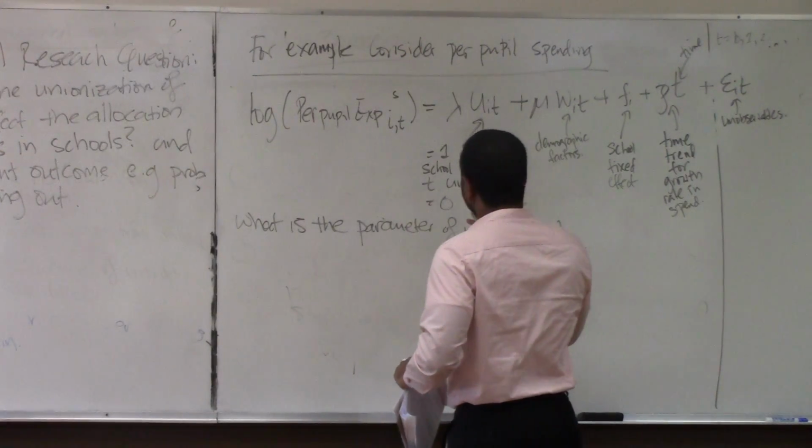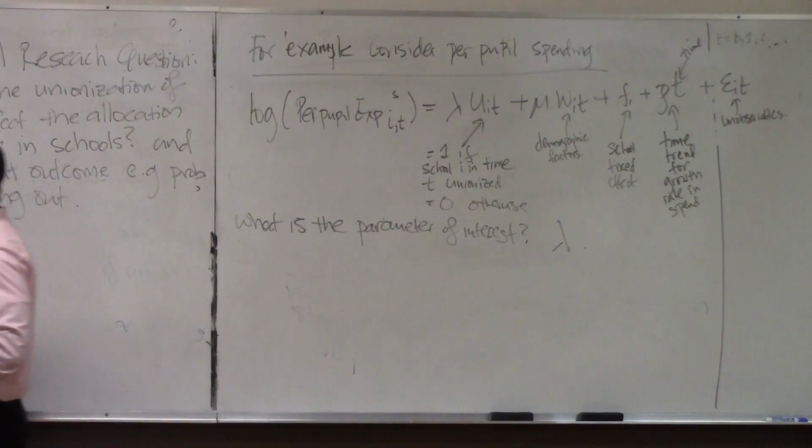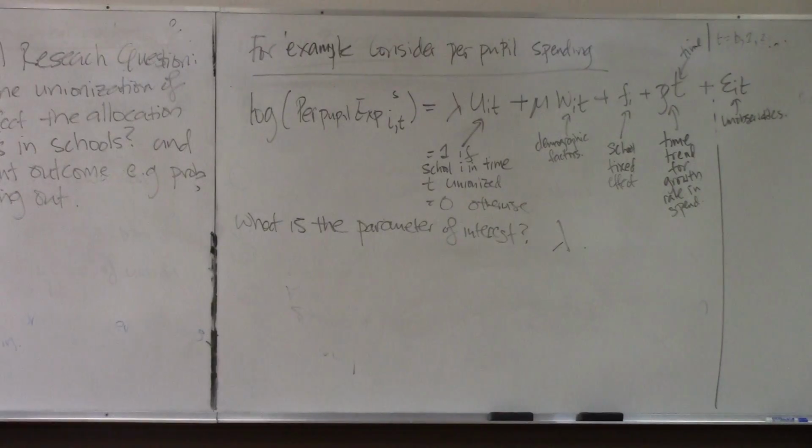So the data we have is for 3 years: 1972, 1982, and 1992, right?